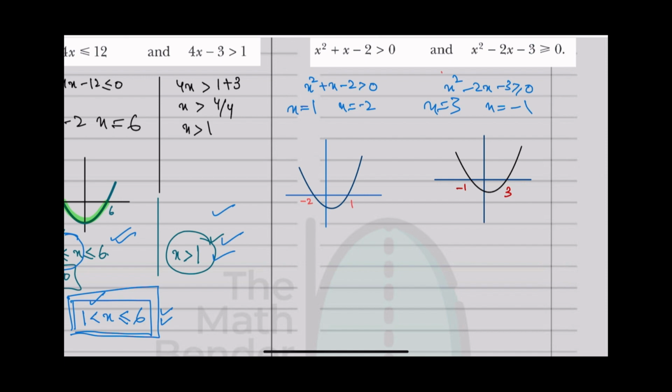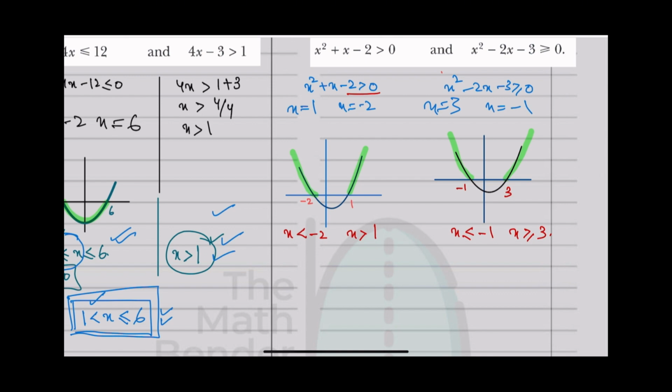So if I highlight this, it's greater than this and greater than or equal to this. So this is going to be x is less than -2, where the curve is positive, greater than 0, x is greater than 1. For this one, x is less than or equal to -1, x is greater than or equal to 3. Now both the inequalities have to be true.